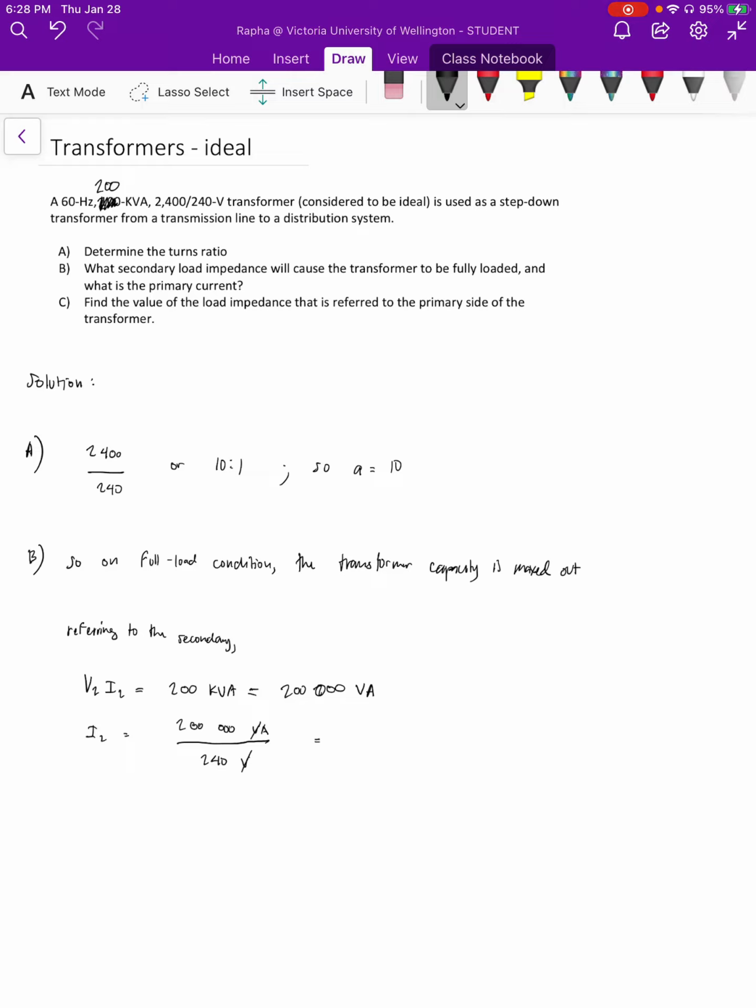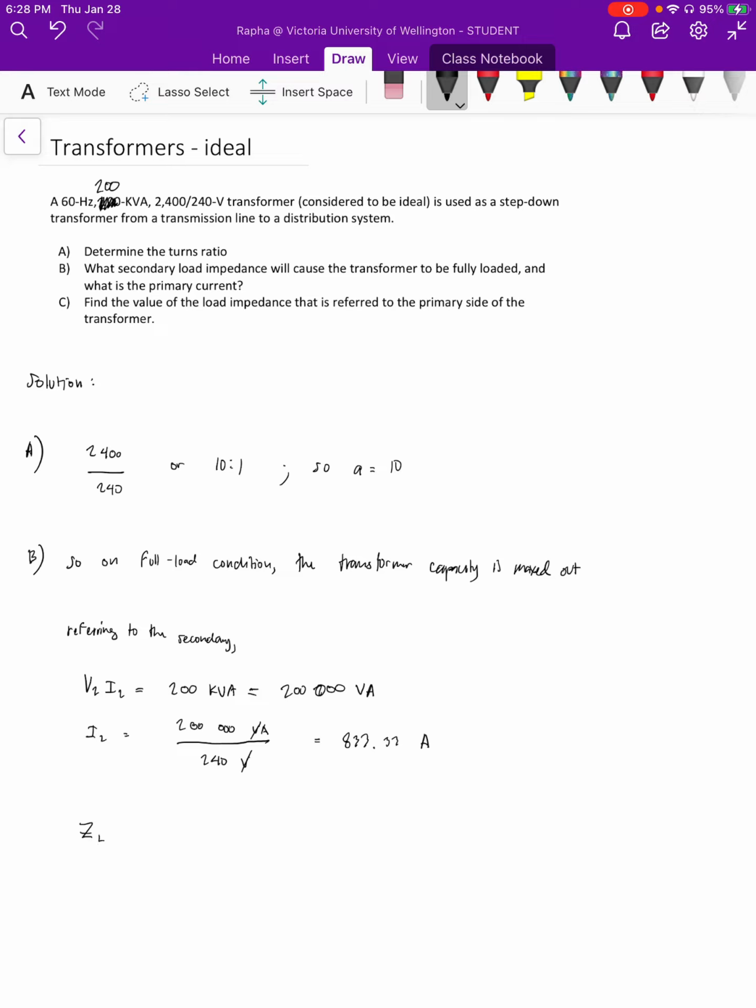Cancel ang V, we have 833.33 amperes. So, muna siya tong secondary current I2. Dako kayo.